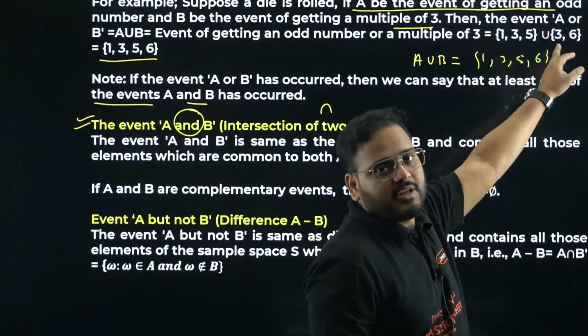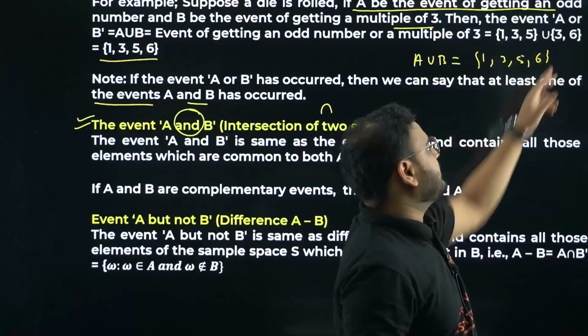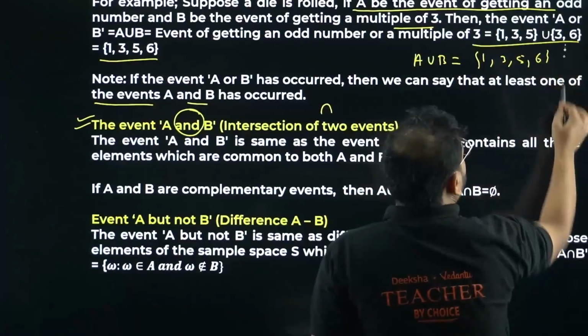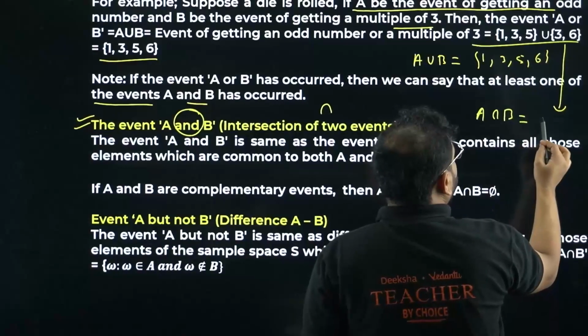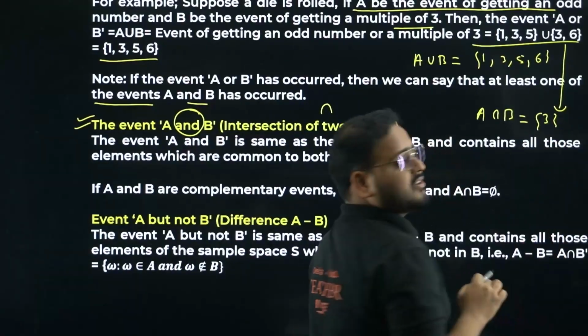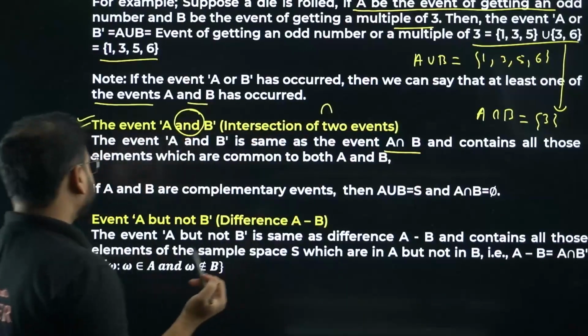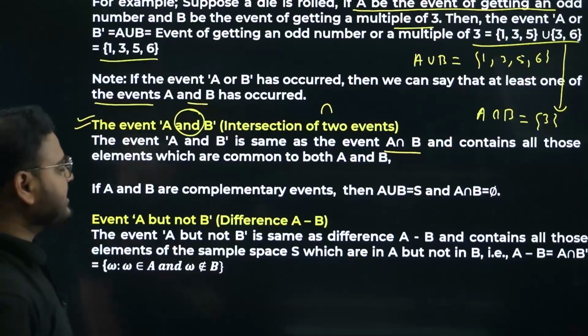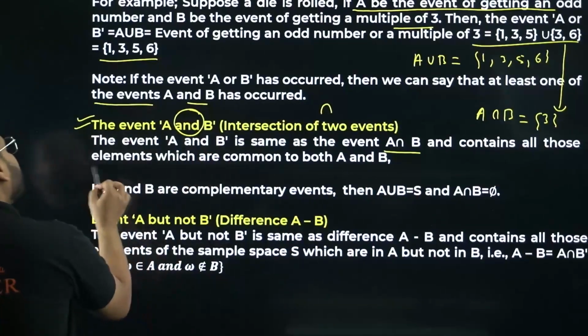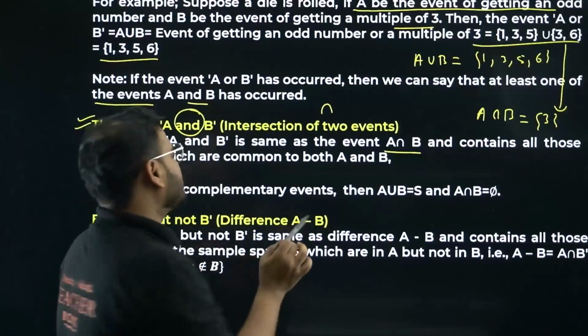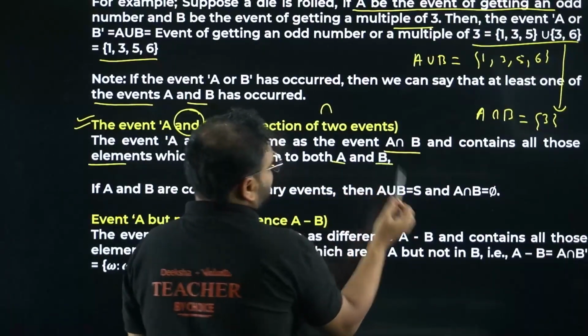Only 3. Just 3. Event A and B is the same as the event A intersection B and contains all those elements which are common between the two events A and B.